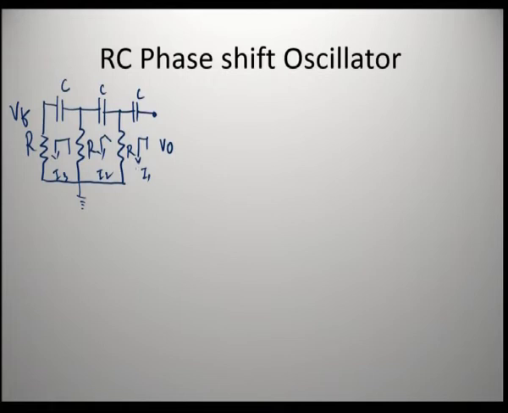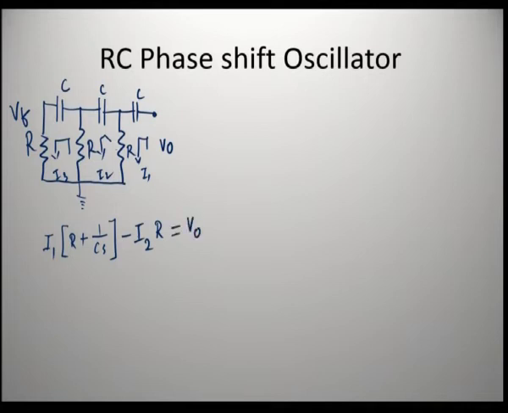Now we are going to write the equations for each loop. If you take the first loop, I1 is flowing through the resistor R plus the capacitance 1 by Cs, and through this R, I2 is also flowing. So, we subtract the current flowing through the resistance R, and that is equal to V0.